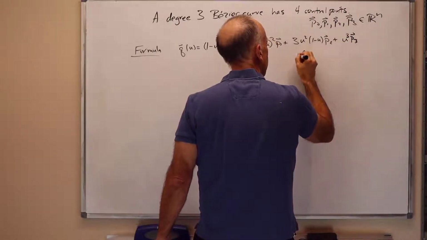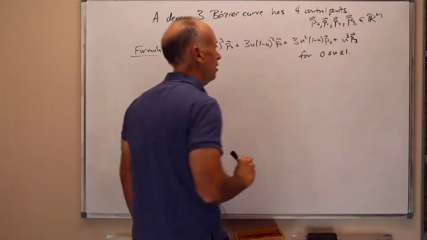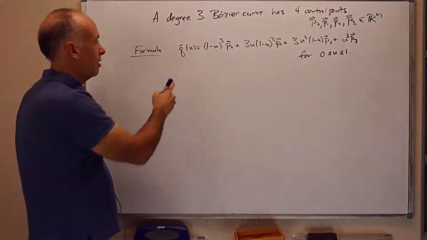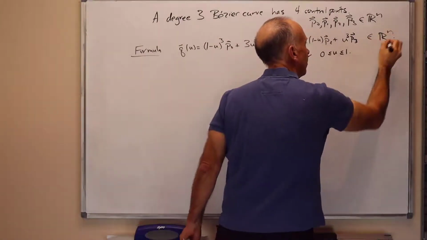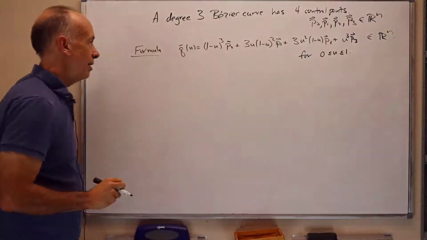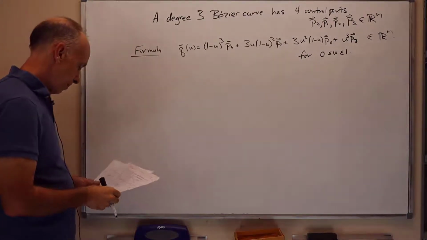We're typically interested in the values of U between 0 and 1. So notice that this whole thing, Q of U, is a point in Rn, and as U varies, the values of Q of U trace out a curve.